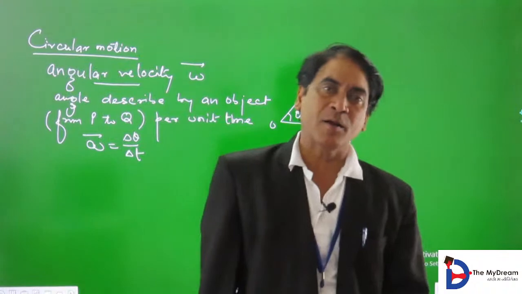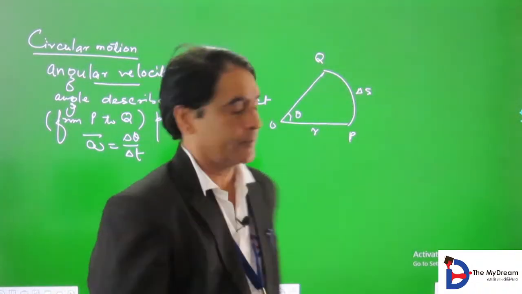The angle described by an object per unit time is called angular velocity.